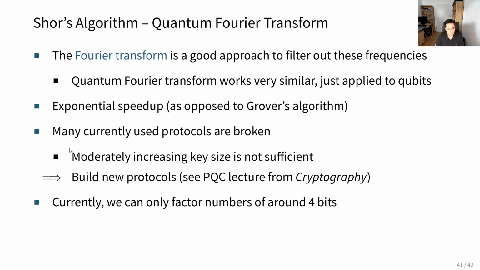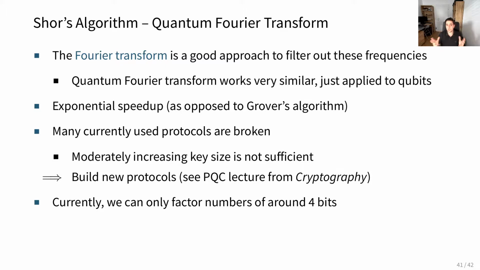So what we try to do is build new protocols which don't allow this method to work. And this is closely related to the PQC lecture from the cryptography course last term, where I think some schemes were presented which are not vulnerable with respect to this approach.